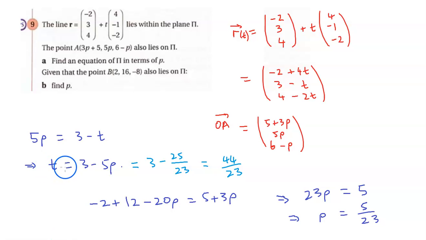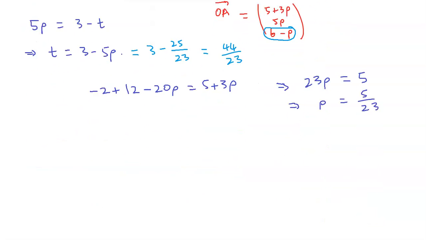Substituting those values for t and p into the last coordinate shows that this solution is impossible. So there's no values of p and t for which this point is on the line. That's great news, that means we're ready to start the problem.